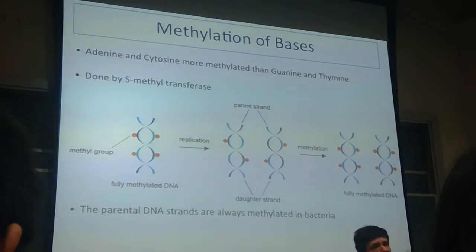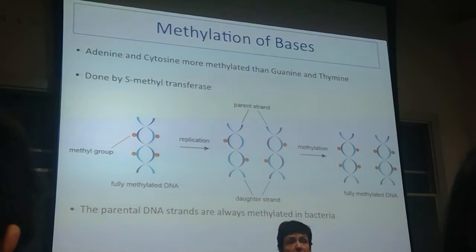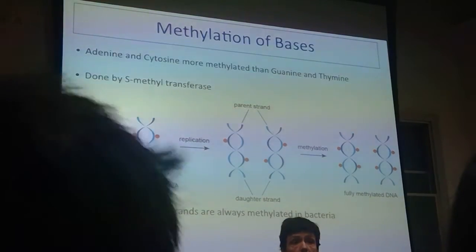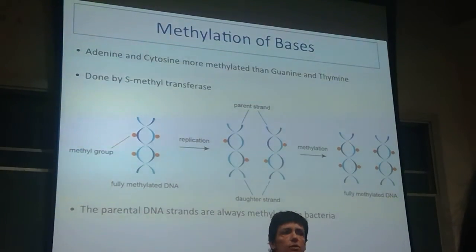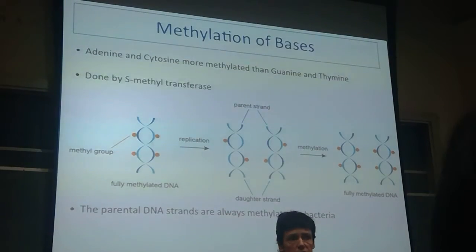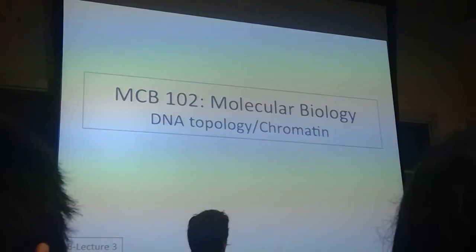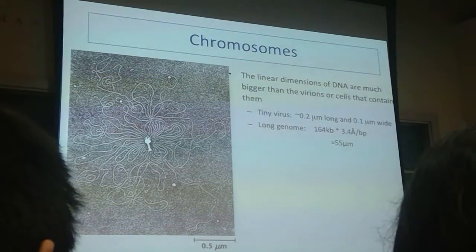So this is really important for the repair mechanism to know which one of the strands is the one they should copy. Okay, because sometimes it doesn't know. So the methylated strand is the one that usually doesn't carry the mutation from the replication. Okay? Alright, now let's go to topology.